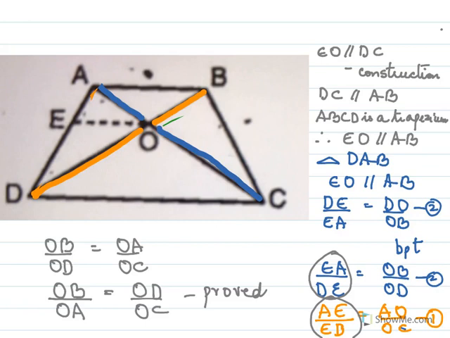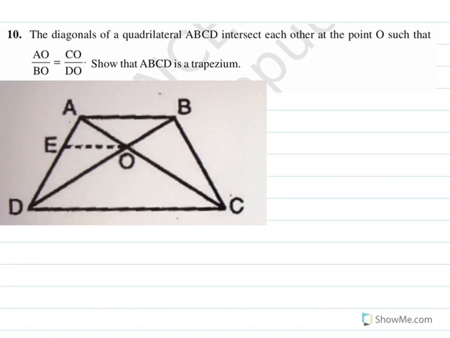This is common for both, and hence we got OA over OC equal to OB over OD.